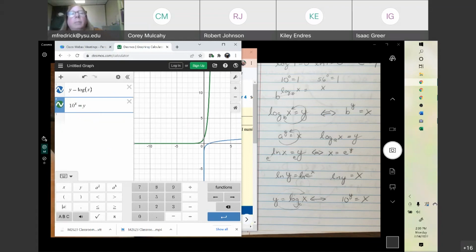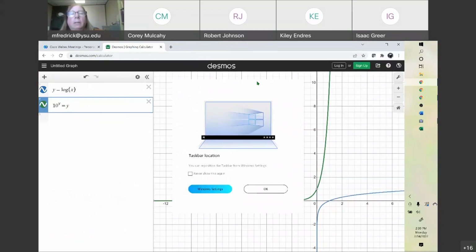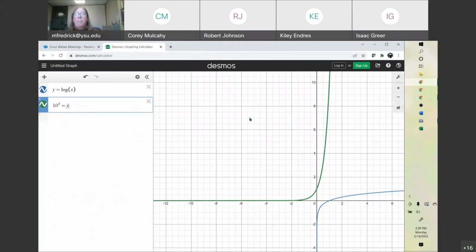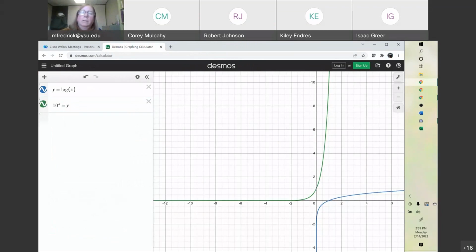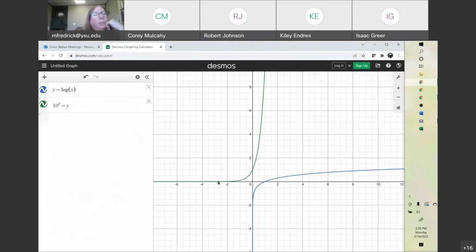Notice that these, here, let me make it bigger so you can see it. Remember, when there's no base, it's a 10. So 10 to the x equals y. See how they reflect? Here, let me make the line.